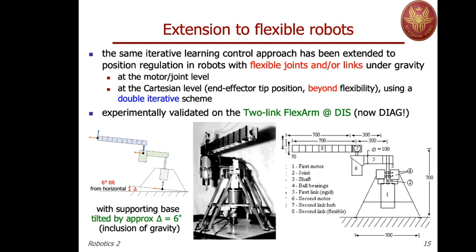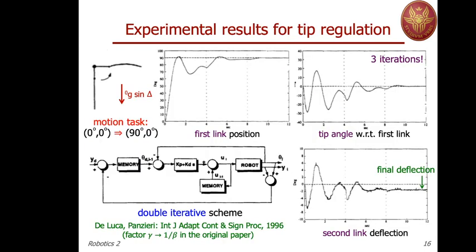In fact, in robotics we are usually interested in the tip position of our structure, so at the Cartesian level. So I'm presenting here the version of this iterative learning control which achieves regulation at the Cartesian level, while including all the flexibility. And for doing this, the iterative scheme has been slightly modified into a double iterative scheme. We will see in the next slide how this was done.